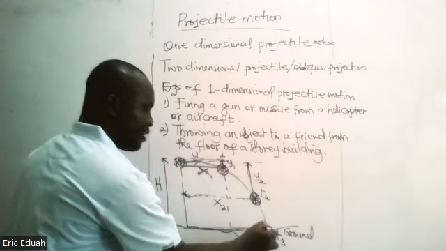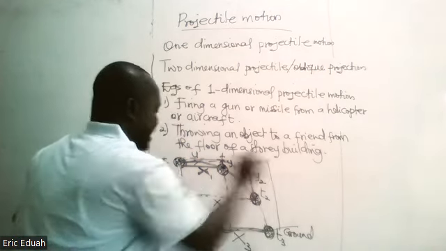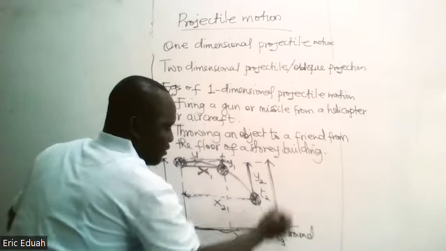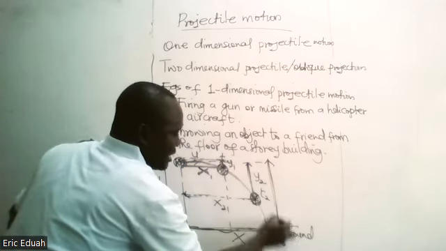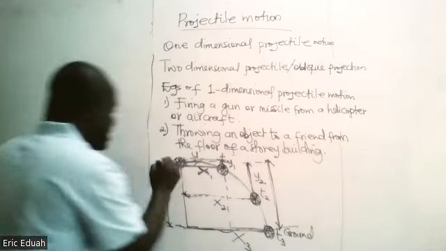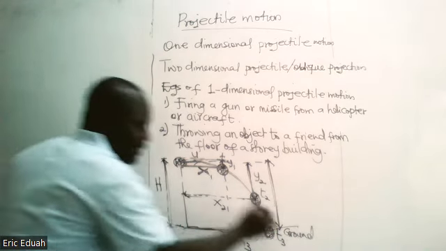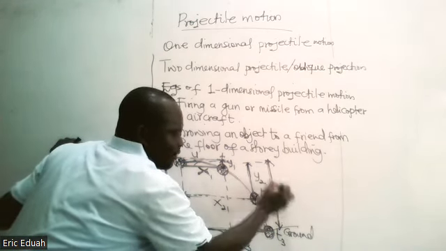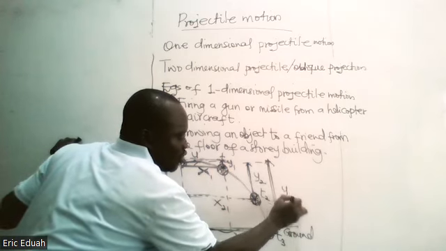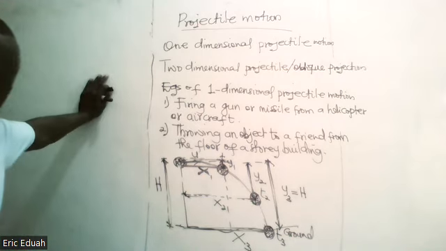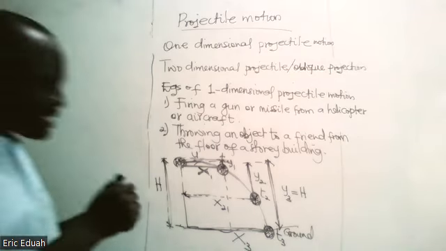Then vertically, it will cover this whole height from the ground, from here to its original position. And this is what we initially represented by capital H. But let's represent this by y3, and we know y3 is equal to capital H. Are we okay? Good.